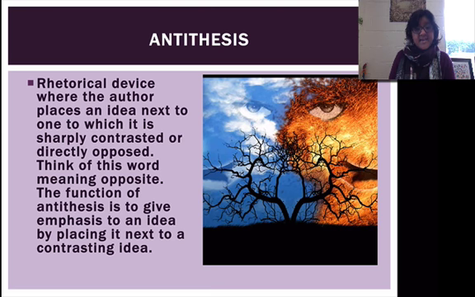The next word is antithesis, which is a rhetorical device where, kind of similar to foils, except instead of people, it's objects or ideas or concepts that are placed next to each other to create a sharp contrast, again to create emphasis and highlight the qualities in each by contrast.